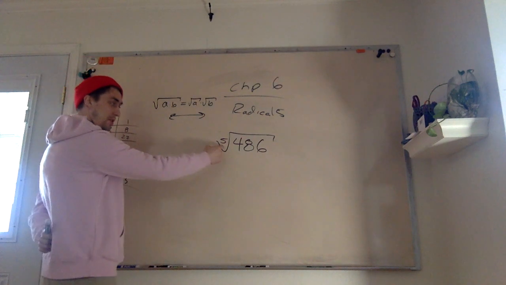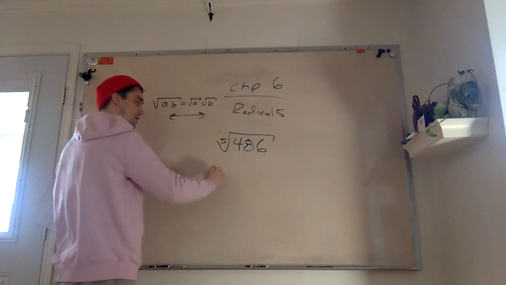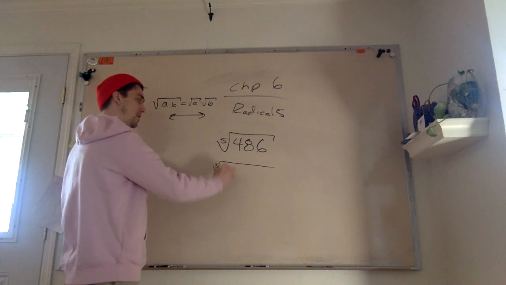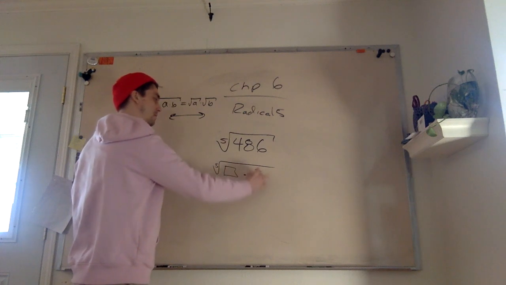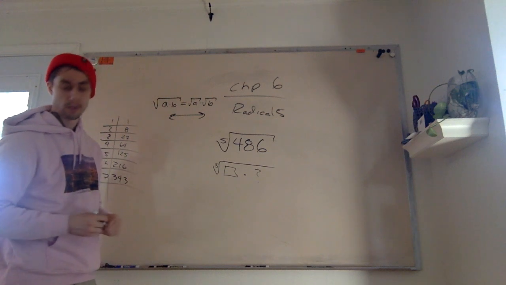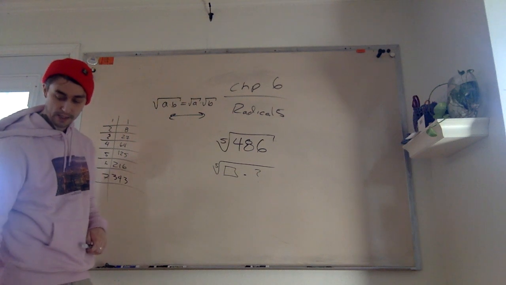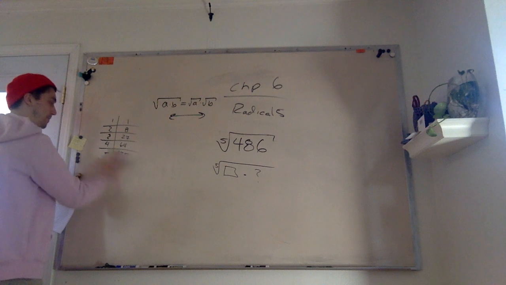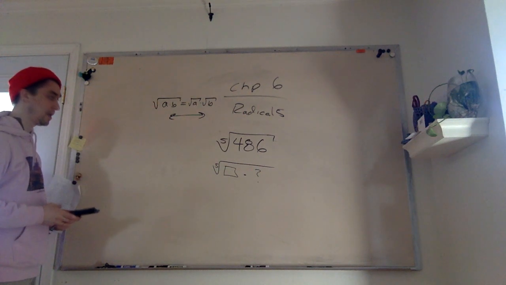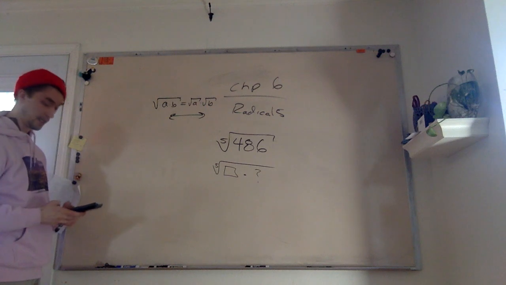It's a fifth root, which means in order to simplify this, you're going to need to bust this into two numbers. And you want one of those numbers to be a perfect fifth. So what you should do is create the list of perfect fifths all the way up until it's bigger than 486.